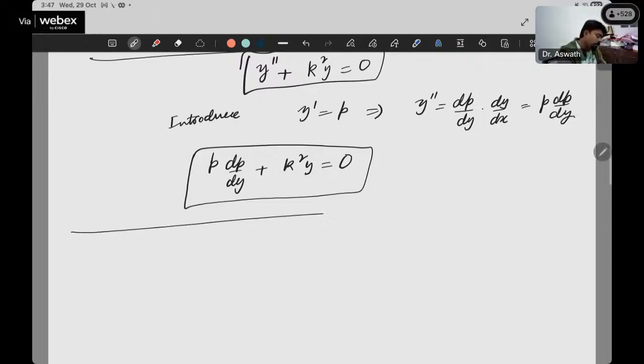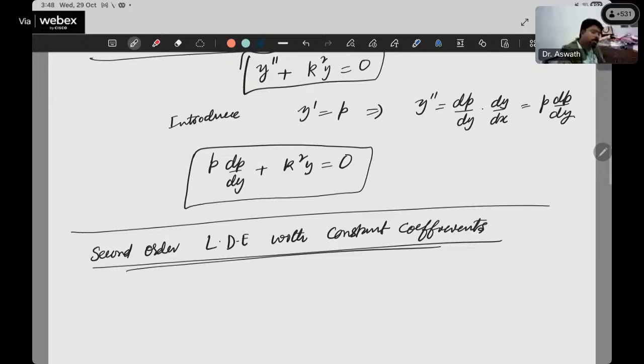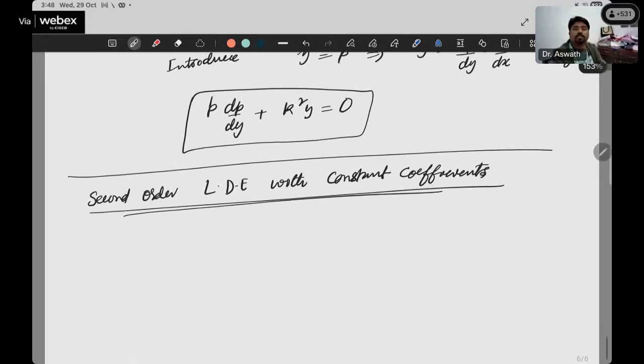Right. Now, I want to solve a second order linear differential equation with constant coefficients. That is one of our targets.